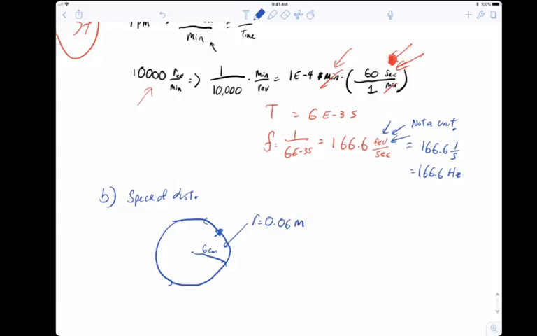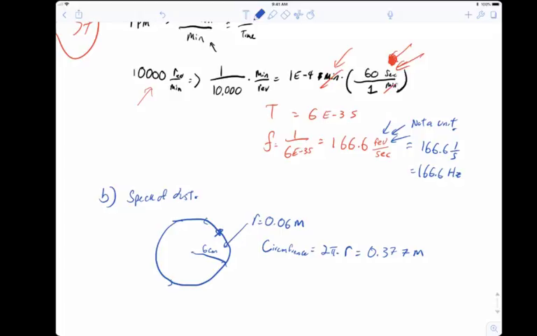So the circumference is 2 pi times r. Okay, so that's my circumference.